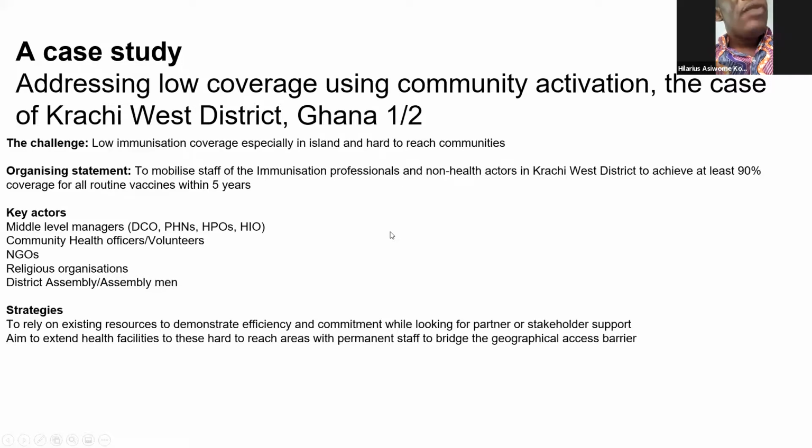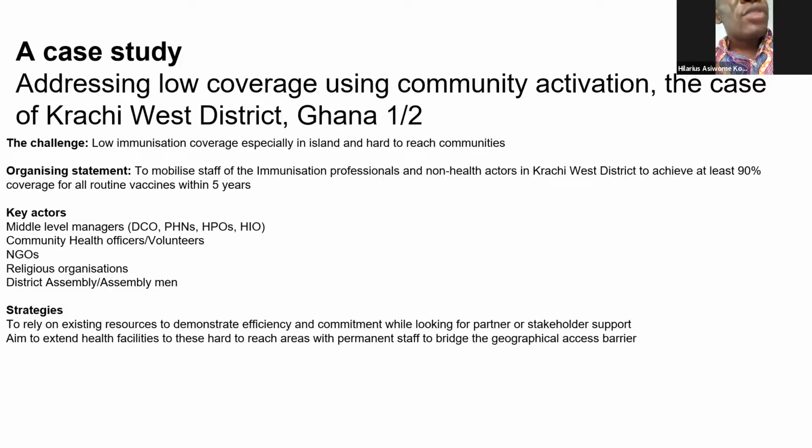And then we also have our political structures, the district assembly with assemblymen in every community. Each electoral area, which is headed by an assemblyman, is also demarcated as a community health planning services area that is assigned to a healthcare worker to oversee.